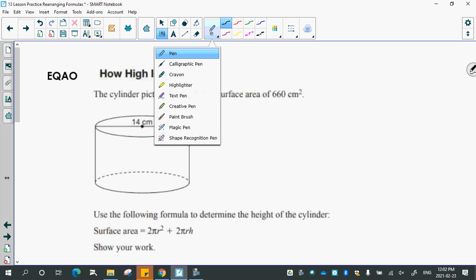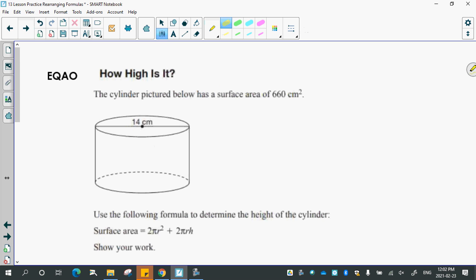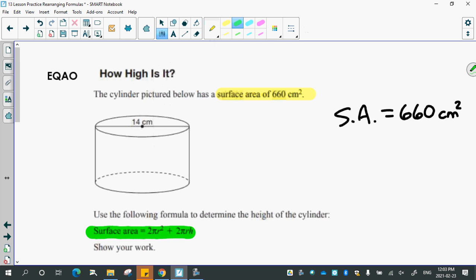So again, that idea of highlighting or circling important information. Okay, so we know the surface area is 660 square centimeters. Use the following formula. That's another important piece of information. So use this formula. It tells us to rearrange it to determine the height.